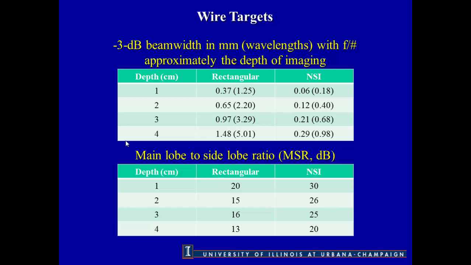So we're really improving that lateral resolution. We've got lower side lobe levels. We've measured the main lobe to side lobe ratio from those images. And we get about a 10, 11 dB drop in those side lobes. And this is with rectangular type apodizations. So we've improved the lateral resolution for these wire targets, improved the side lobes, and we think that's pretty awesome.